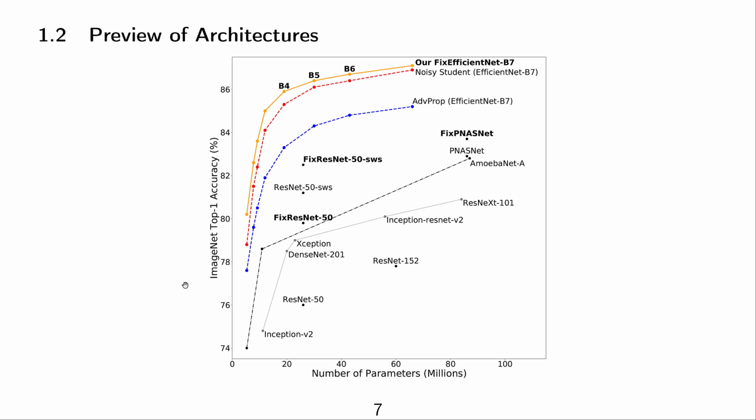One is ImageNet top 1 accuracy on the y-axis, and then we have the number of parameters in millions on the x-axis. One thing to note here is that the y-axis doesn't start at 0 but at 74.